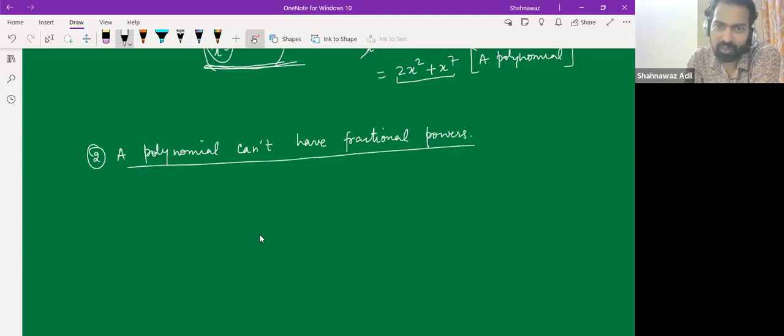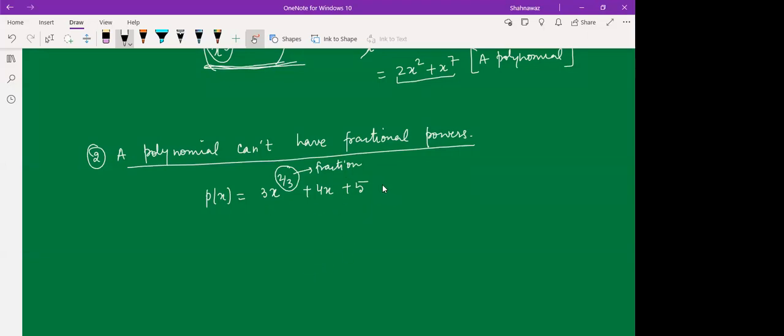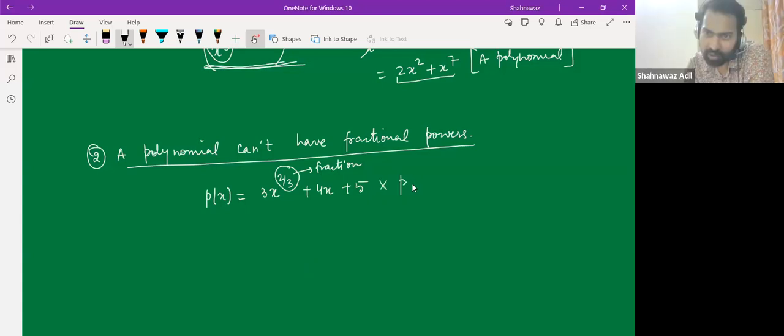So whenever you have these kind of terms, let's say you have 3x to the power 2 by 3 plus 4x plus 5. You have these three terms, and you see that the power of this term is a fraction. So will this be a polynomial? No, sir. No, right. So this is not a polynomial.